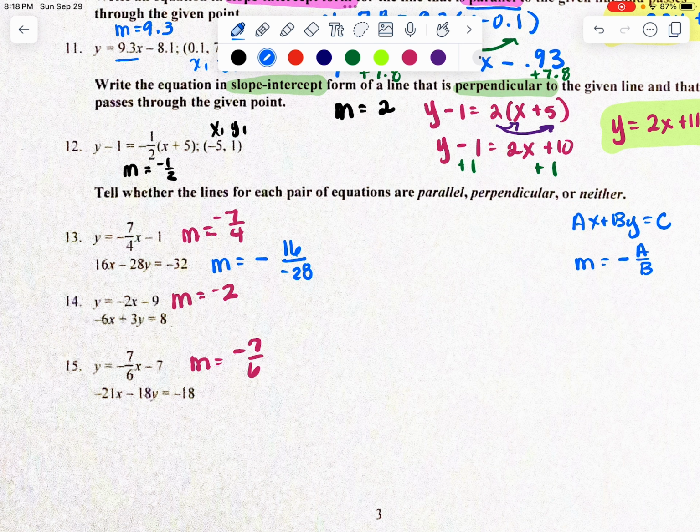So if I reduce that, I know I can reduce both of those by a factor of 4, and when you divide a negative by a negative, you do get a positive. So when I divide that by 4 and divide that by 4, then I can see the slope is 4/7. So obviously not parallel because they're not equal, but they are opposite reciprocals. So these two are perpendicular.